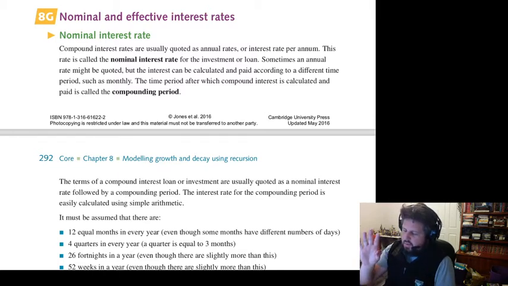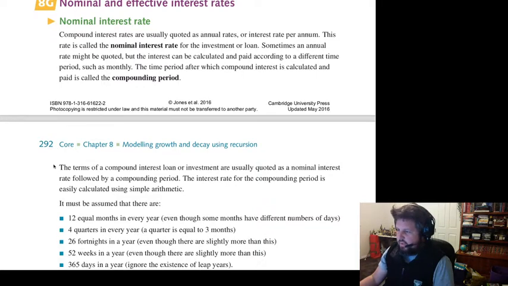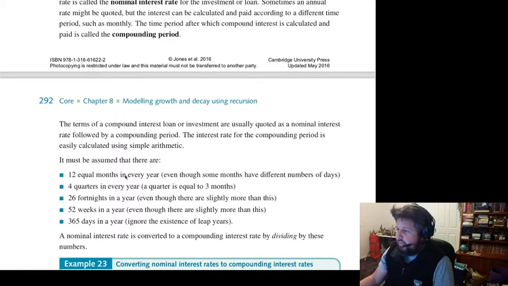I joked about this the other day with the fun booklet, but you do need to know some basic facts about how calendars work. You need to know that there are 12 months in every year, and 4 quarters in every year. When a year is divided into 4 quarters, each quarter is 3 months in length because there are 12 months in a year.